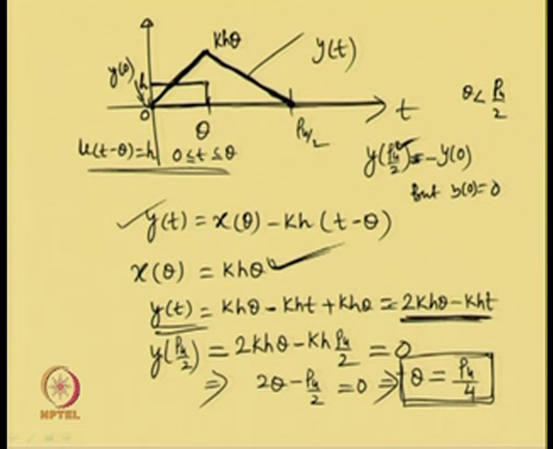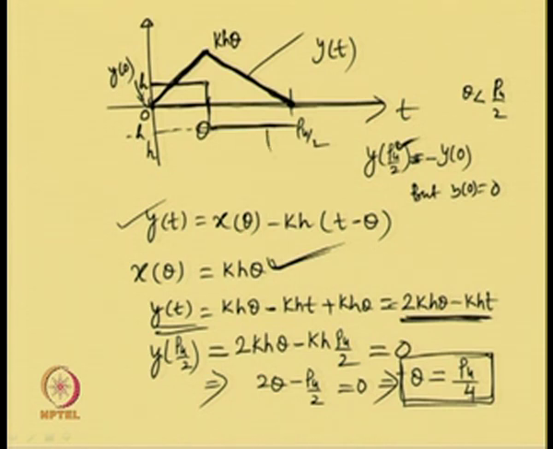Then the input to the system beyond time t equal to theta is given by minus h, and this type of output and input u(t minus theta) signal you must get, since the analysis cannot fail.